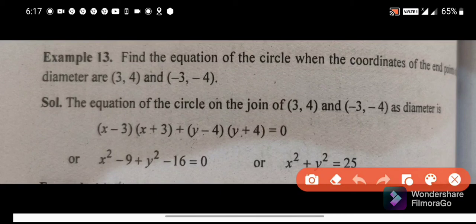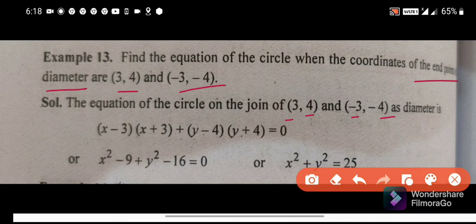Next question: find the equation of the circle when the coordinates of the endpoints of the diameter are (3, 4) and (-3, -4). This is the diameter form of the circle because the endpoints of the diameter are given, (x1, y1) and (x2, y2).